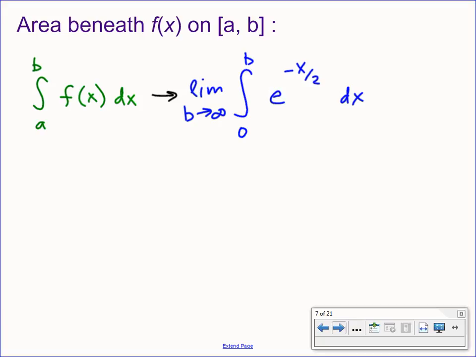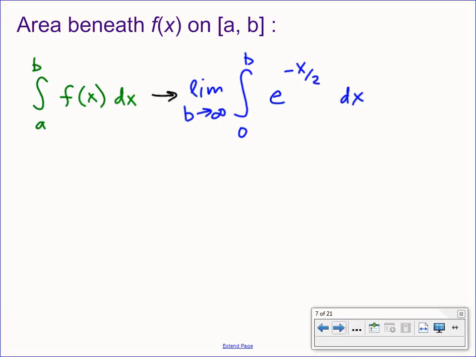And so because b is infinite, it's not a set number like 13 or 17 thirds. We want it to become infinite. We set this up as a limit expression. Well, I've got a good feeling about this. We just spent a full day practicing our integration techniques. Can we find an antiderivative for e to the negative x over 2? Yeah, we've got the derivative of the exponent.